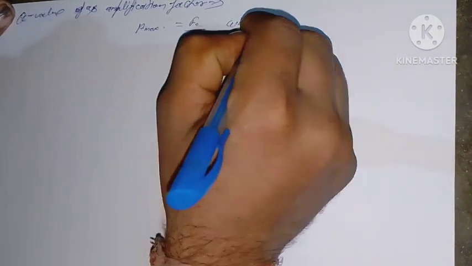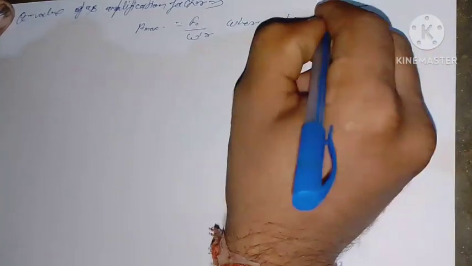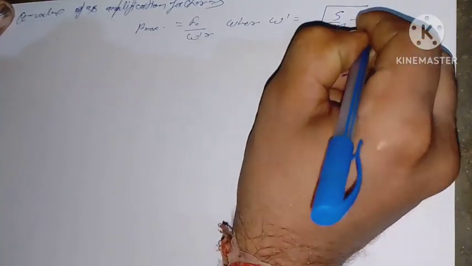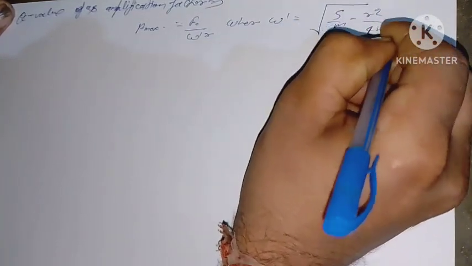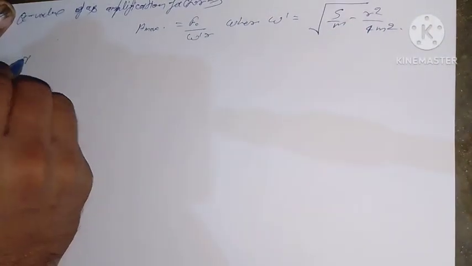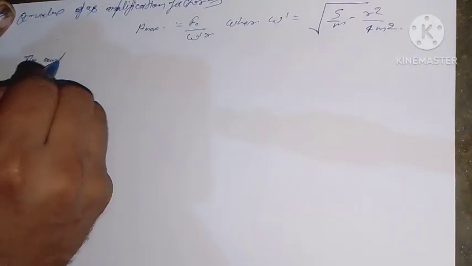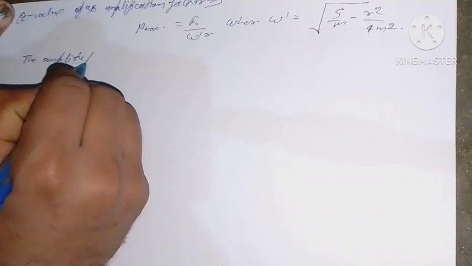Maximum amplitude equal to F naught upon omega dash R, where omega dash equal to under root of S by M minus R square by 4M square.